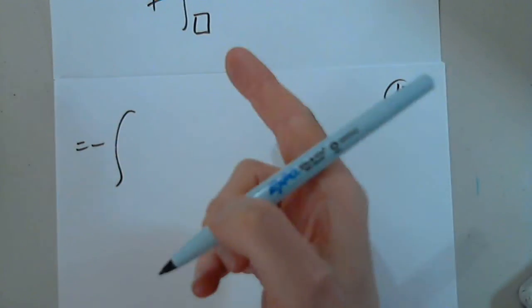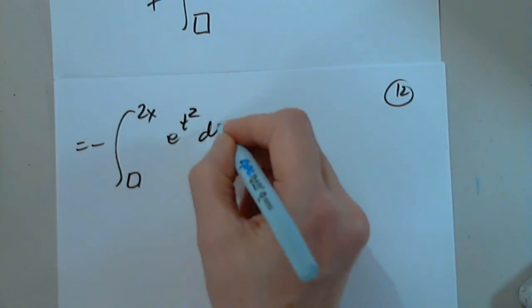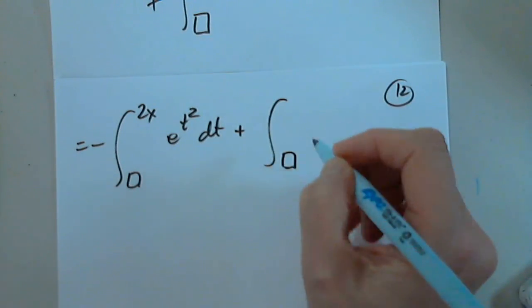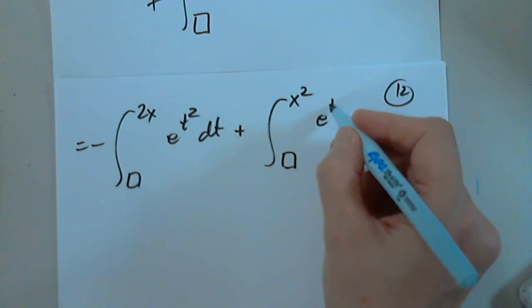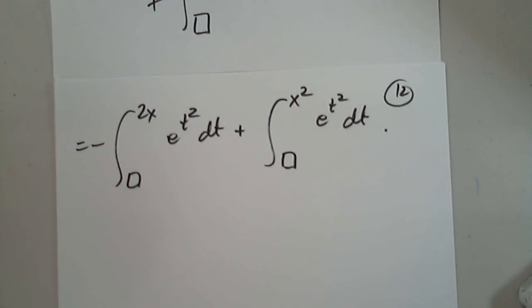When we change the limits of integration in any definite integral, we put a minus in front. Now it's ready for differentiation.